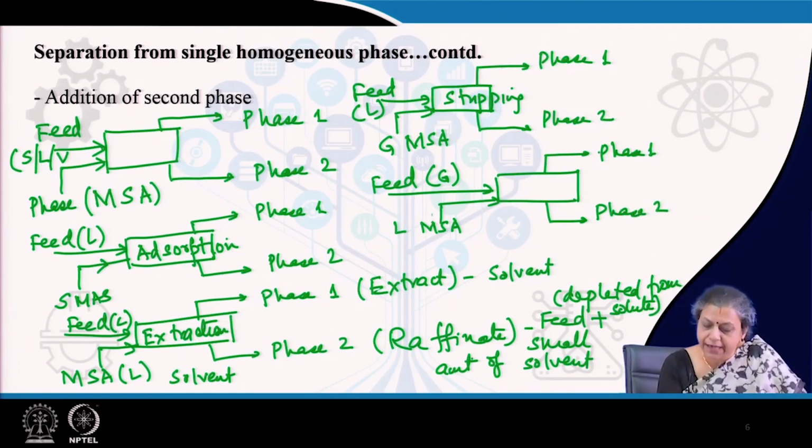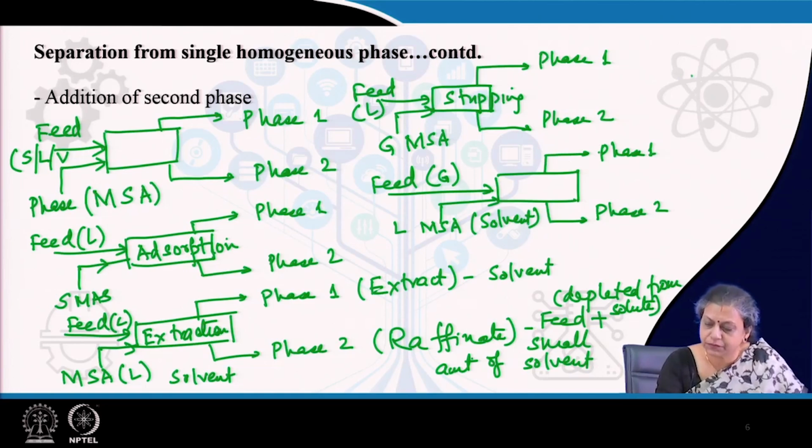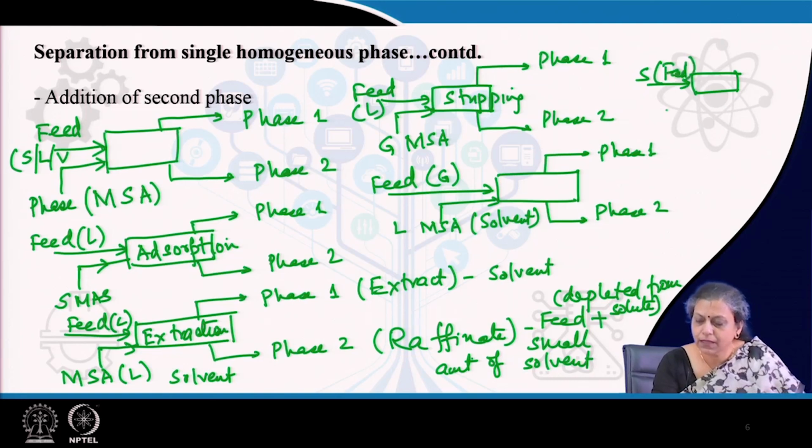Generally, when we add a liquid MSA, it is known as a solvent. As I have told you, this is generally known as a solvent. We can also have a solid feed, and we can introduce a liquid MSA.